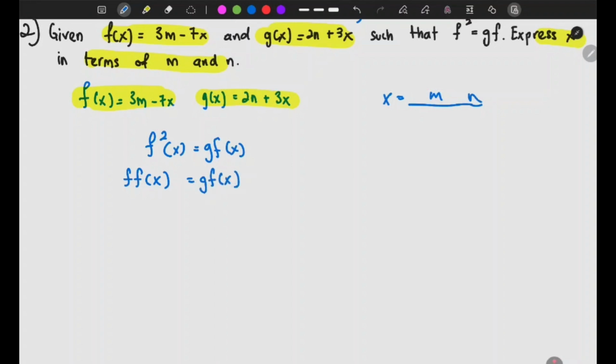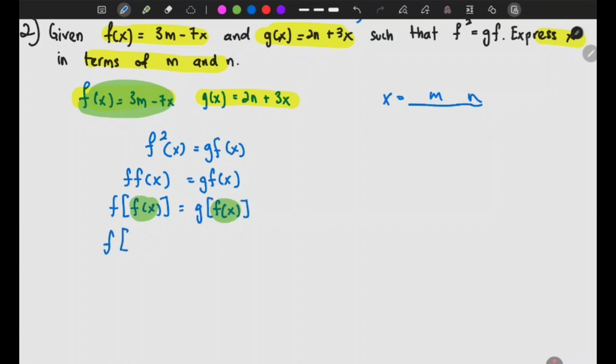And now key in the values. What is your f(x)? This is my f(x). What is my f(x)? Here it is already given. Key in for both sides. 3m minus 7x. Same for this, 3m minus 7x.